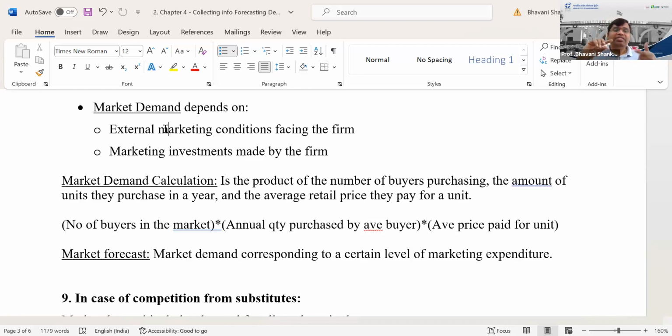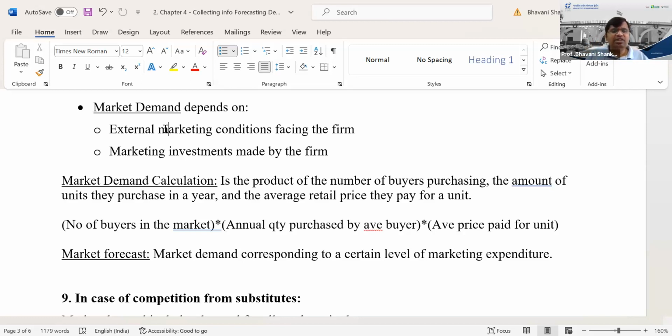You see, these two things, that is what is happening with respect to the external marketing environment, and how much resources Myntra is investing in terms of capturing the audience's attention and trying to convince them that Myntra is the best organization to buy apparel, is what will determine the market demand.